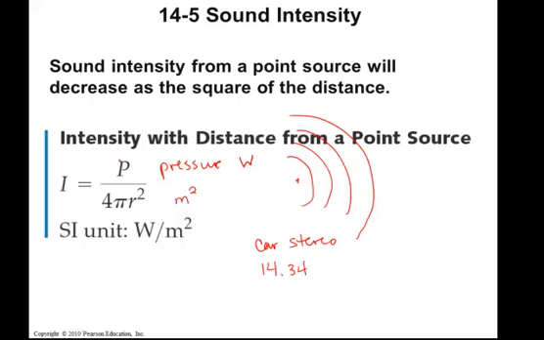So just be aware. Oh, and sometimes pressure, they also talk about power, since it's in watts. They might ask you to find the pressure, the power. They might ask you to find how far away you are, but those are going to be the variables that you're going to find in that equation.